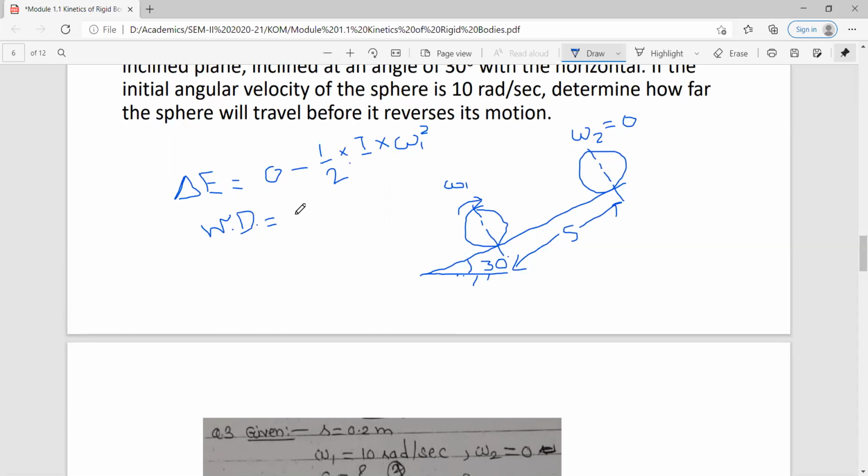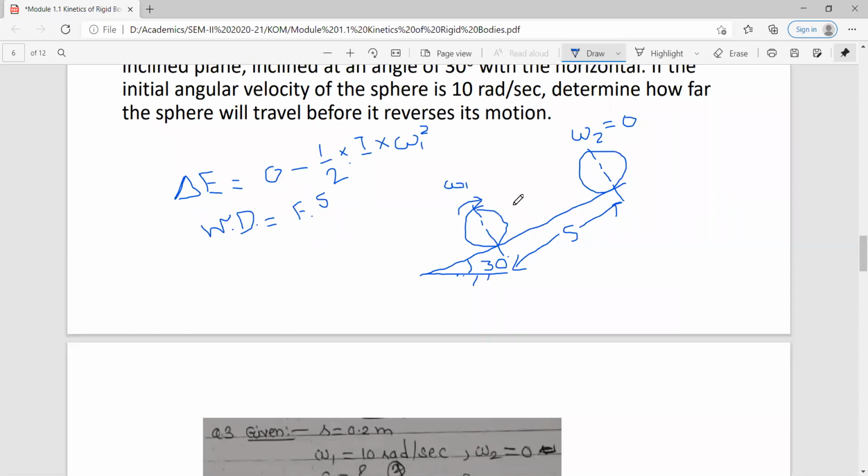So work done can be given by force. What force is acting in the direction of displacement s? As this roller has undergone translatory motion, we are using F into S to calculate the work done.